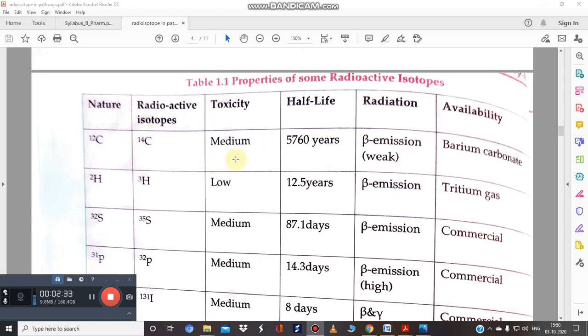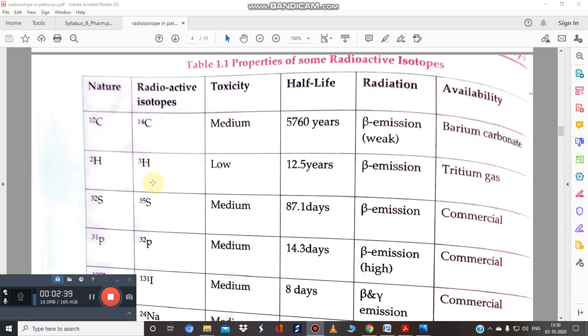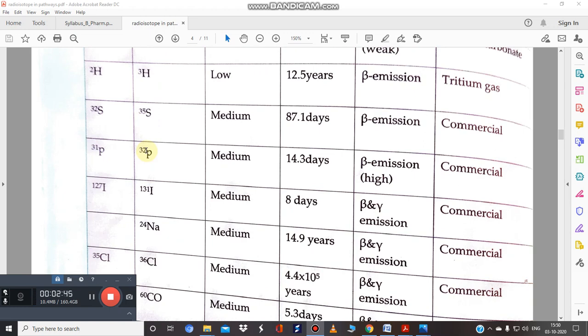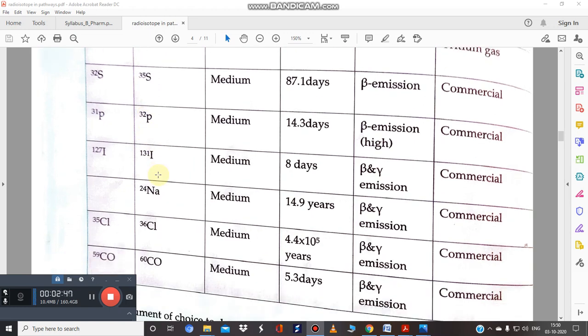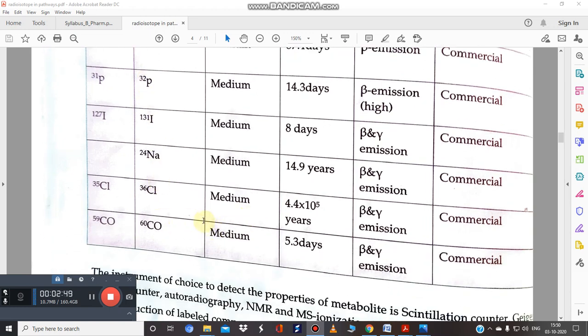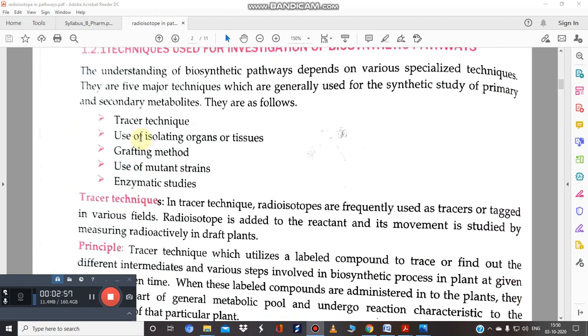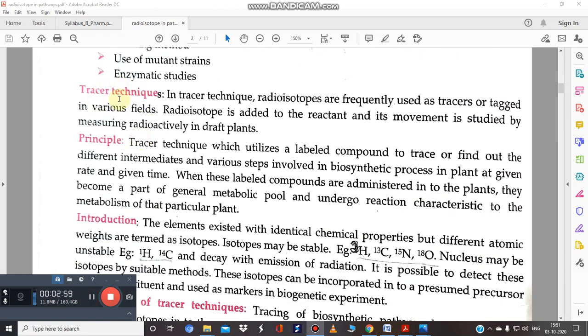And here the toxicity, half-life, and radiation availability are given. In this way we also use hydrogen, sulfur-35, then phosphorus, iodine, sodium, chlorine, and cobalt. These are the common radioactive isotopes we generally use for monitoring the biosynthetic pathways, and the technique is known as the tracer technique.